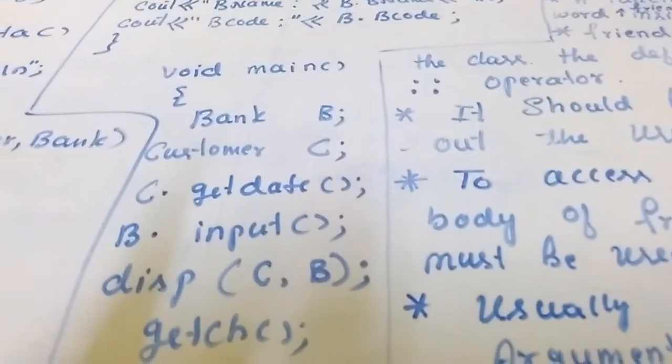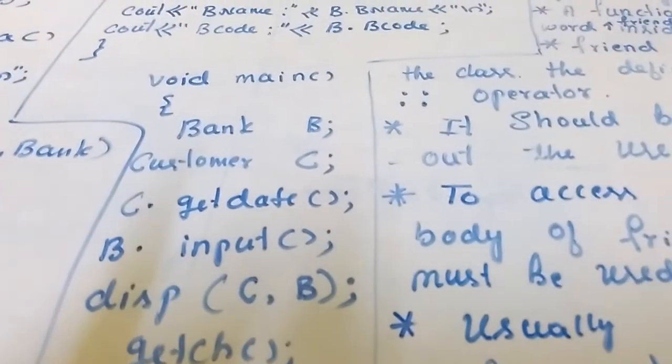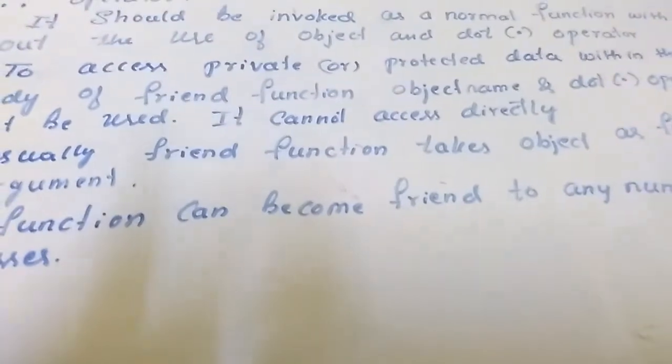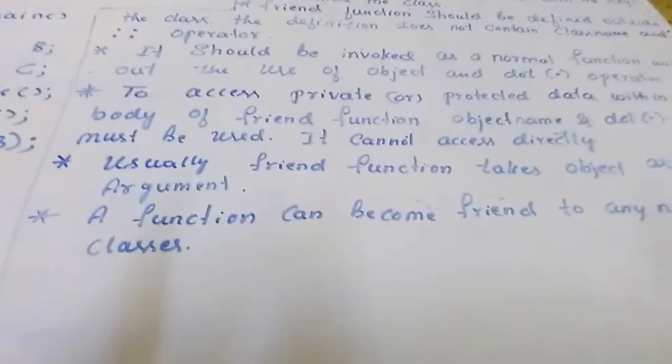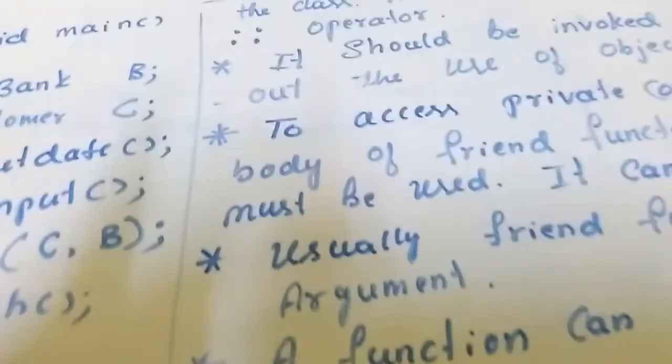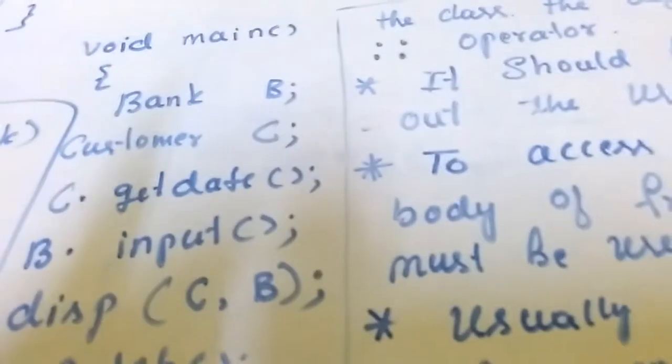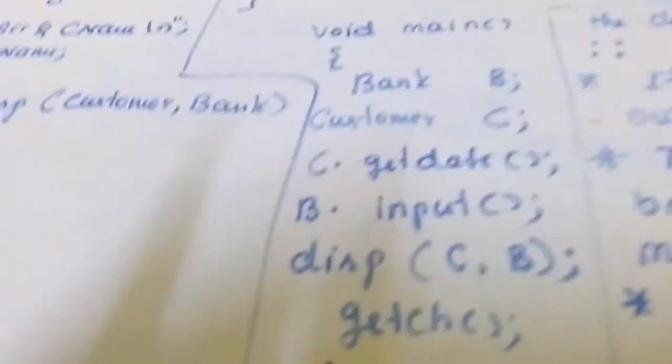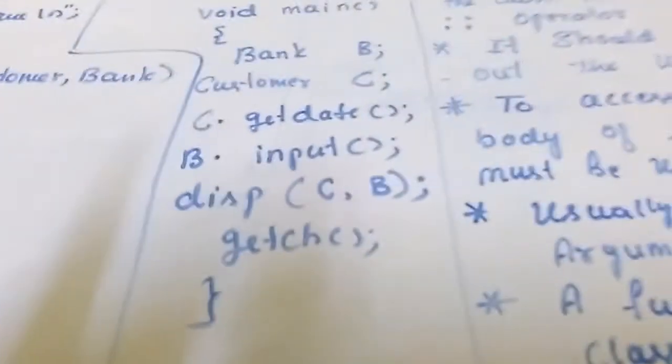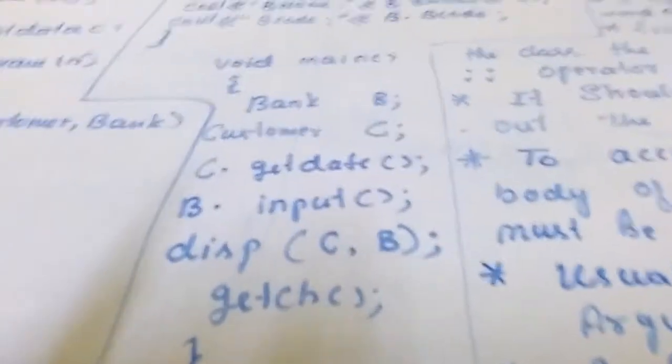It can't access. So we have to pass object as a function argument. Then a function can become friend to any number of classes. So we can make a function a friend to one or more than one classes. In this example, I have taken two classes, and this function display has become friend to both classes.